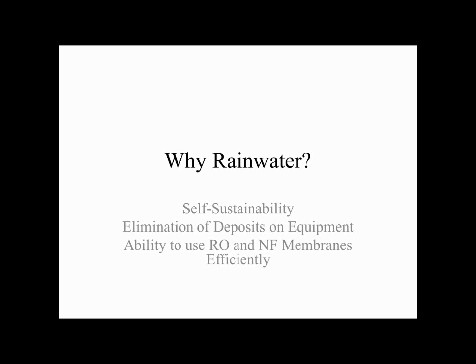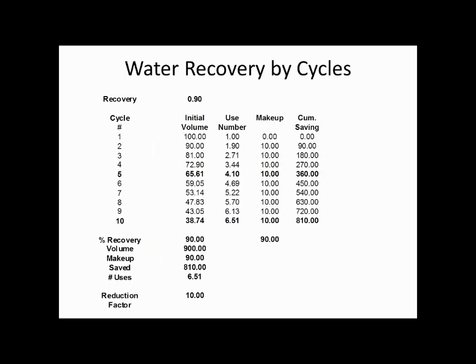And so now the question is, if you're going to use your solutions over and over again on a RO membrane system, you want to start off with rainwater because of its chemistry. And so now can you incorporate rainwater capture, very easy sterilization by membrane, very little chemistry input, very little energy input, and still kill bugs and use the water many times. And that's essentially what we've been trying to talk about.